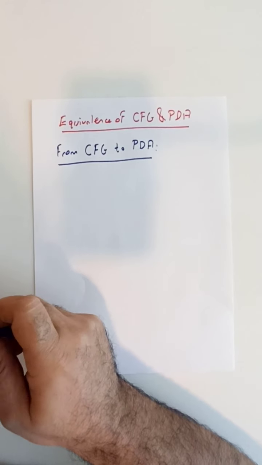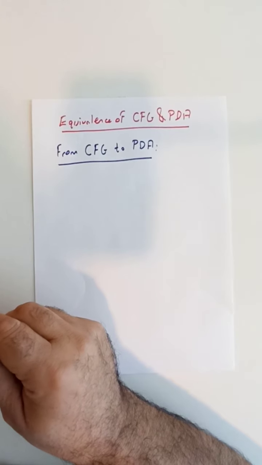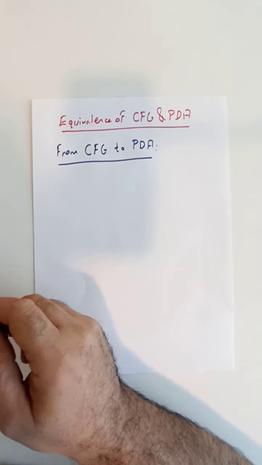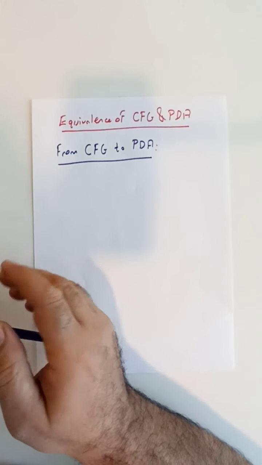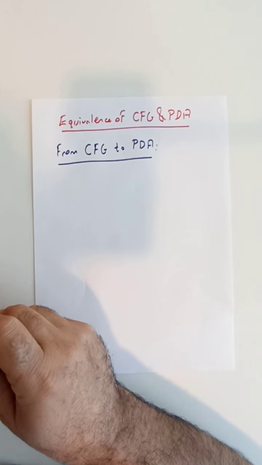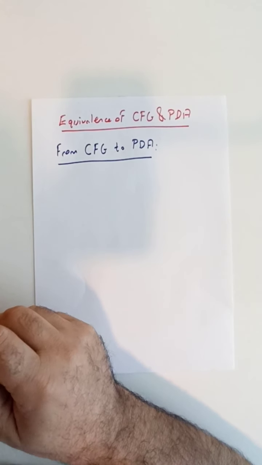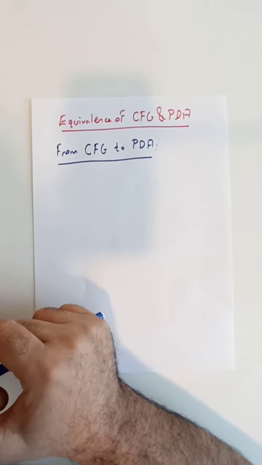The main thing we need to consider is, remember that with a context-free grammar, we start with our starting variable S, and we do a sequence of derivations, and then at the end we arrive at a string that is generated by the given grammar.